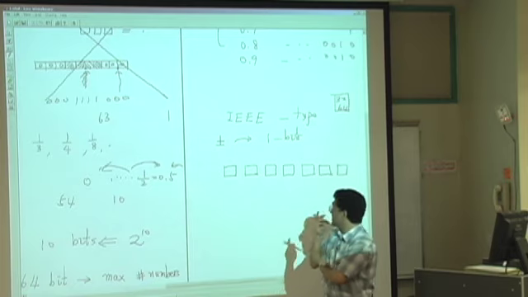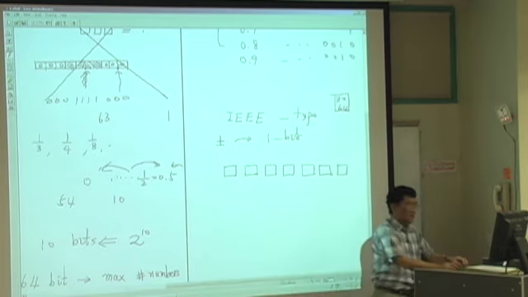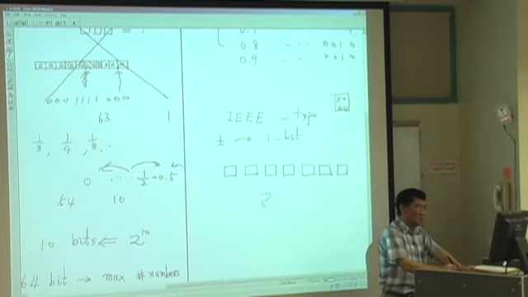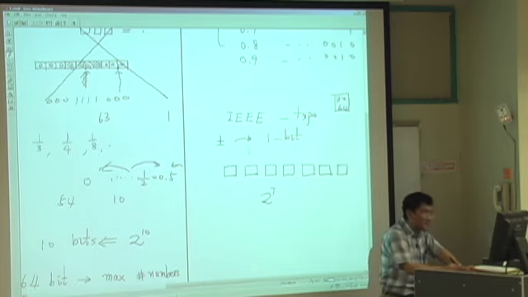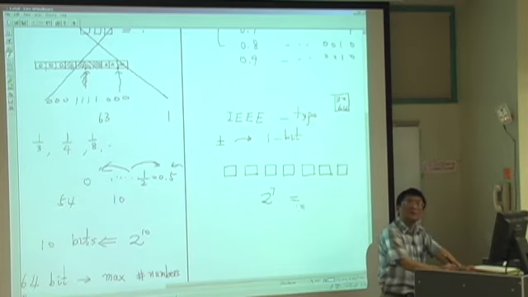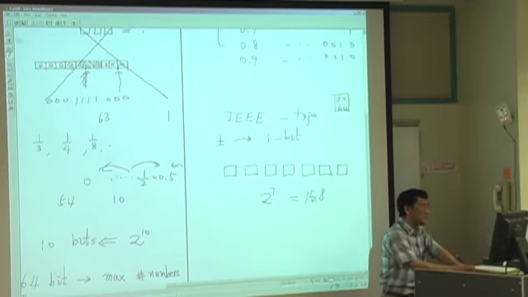Then, if it follows my design, the number of numbers that we can represent is limited to this number, right? If this follows my design, then 2 to the power of 7. What is 2 to the power of 7? 150? Thank you. Sorry, 128.